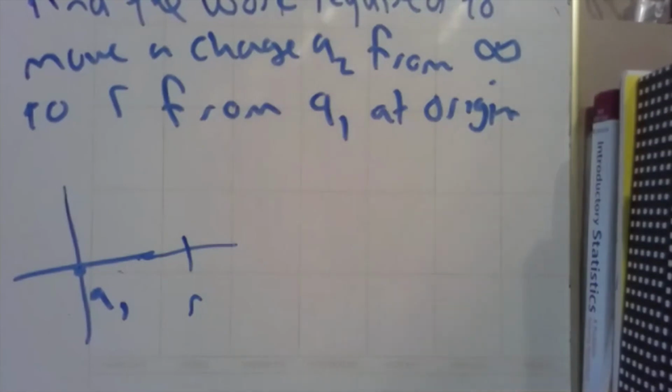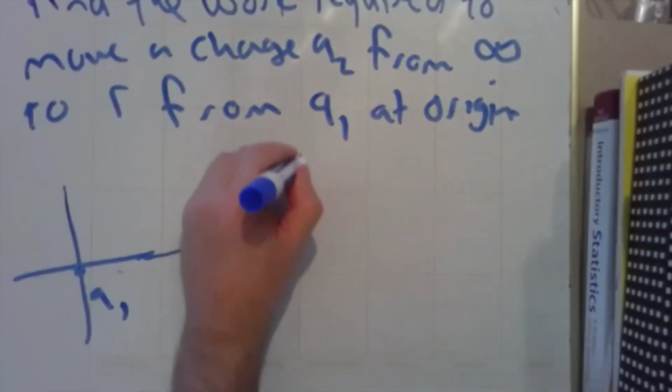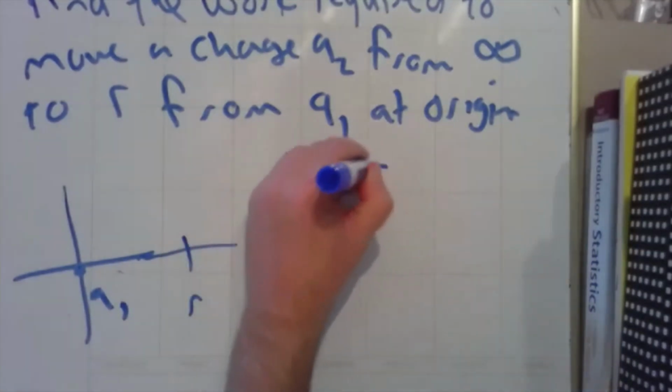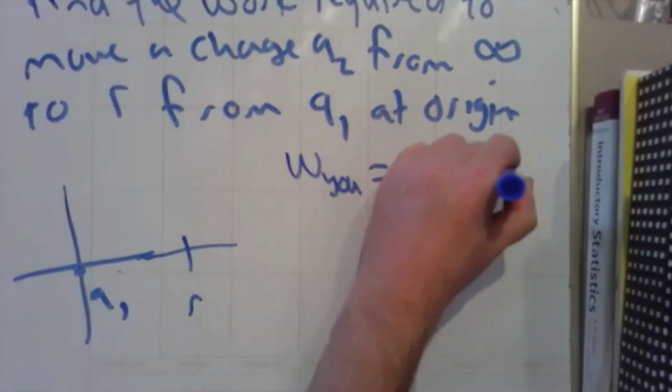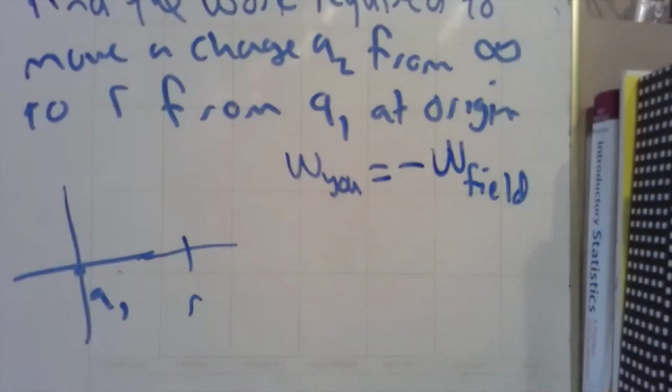Okay, now always keep this in mind. If a question says the work from you, that's the opposite of the work done by the field. Those two things mean the opposite thing. So work from you is the opposite of the work the field does. This is just conservation of energy.